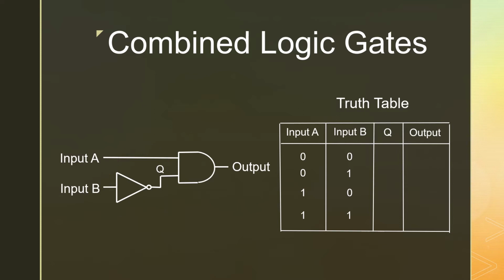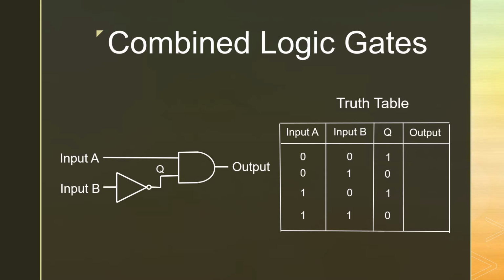I'm going to be focusing on input B, so I'm going to be focusing on this column here. And what does my NOT gate do? It reverses that input. So my 0 becomes a 1, my 1 becomes a 0, my 0 becomes a 1, and my 1 becomes a 0. So I've now populated that column entitled Q.